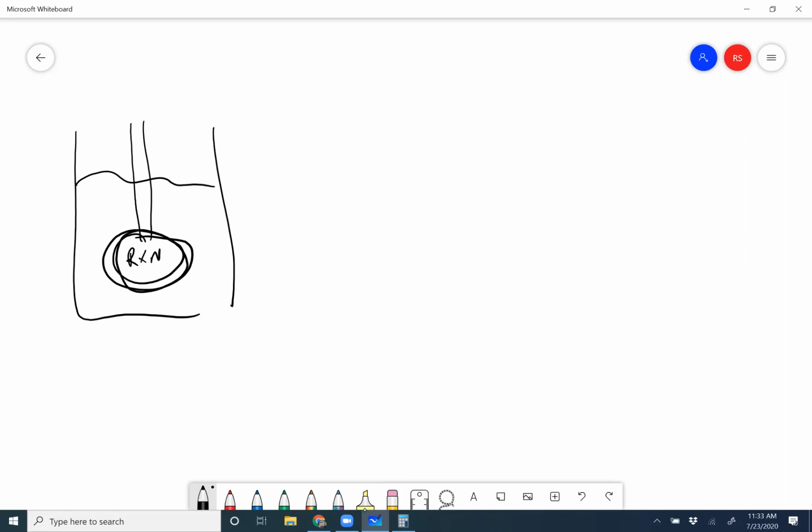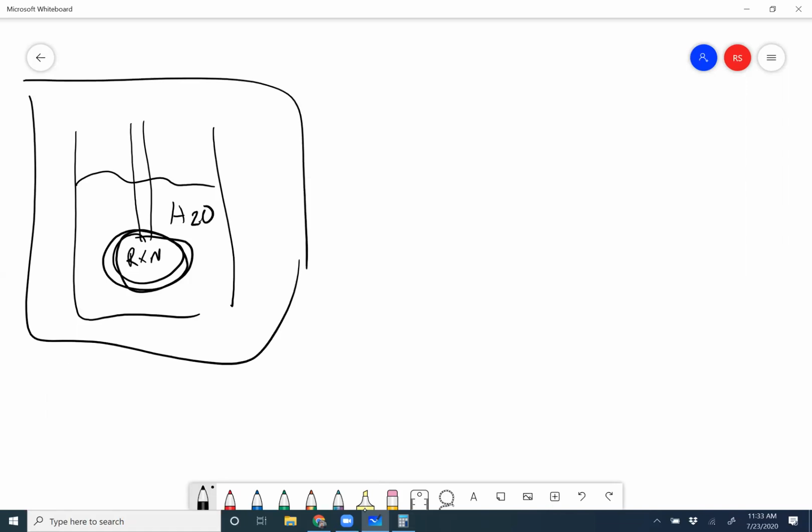In the case of that piece of gold, we could have just tossed it into water. And we call this thing here the system. Right here, system. And we call everything else the surroundings.